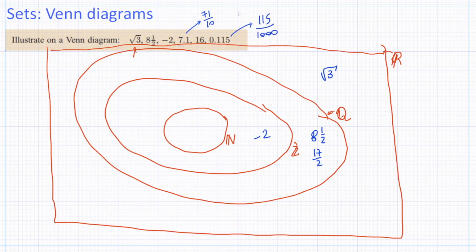So both of those numbers are rational numbers because they can be expressed as fractions. They don't have to be a fraction, as long as they can be written as a fraction, that's fine. And the last one, 16. Well, positive and whole number, so that's a natural number, and there you go.